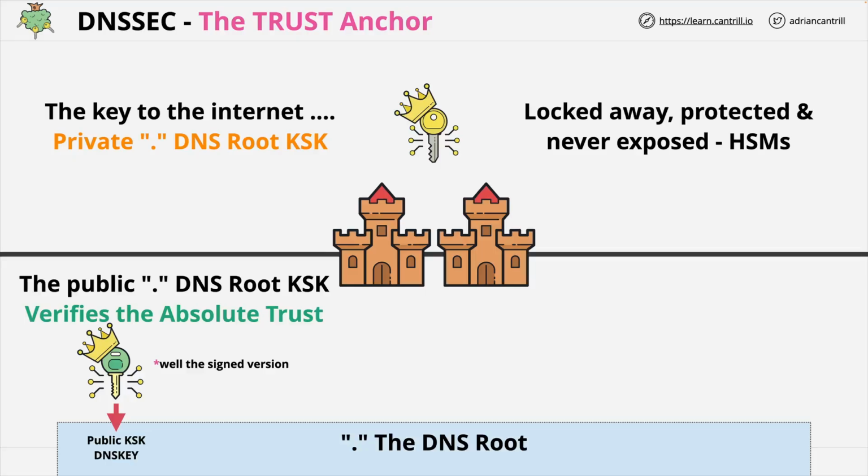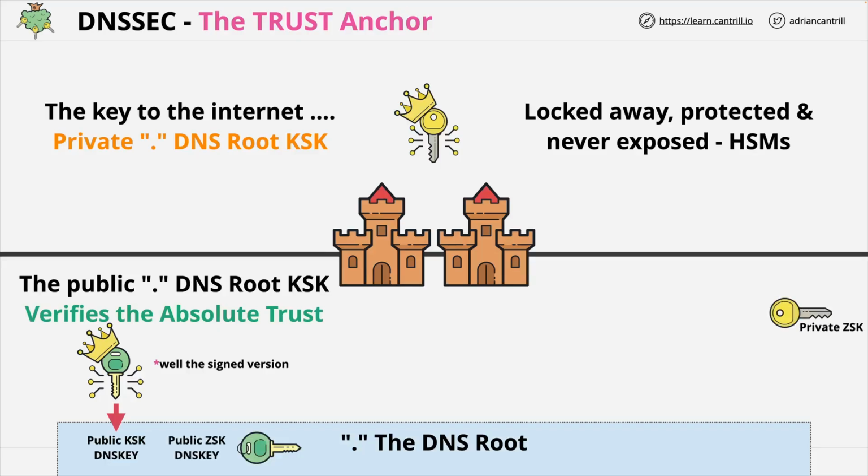Because the security of the private root key signing key is so tight, it's not practical to use constantly. And so there's another key pair which controls the security of the DNS root zone. This is known as the root zone ZSK, or zone signing key.